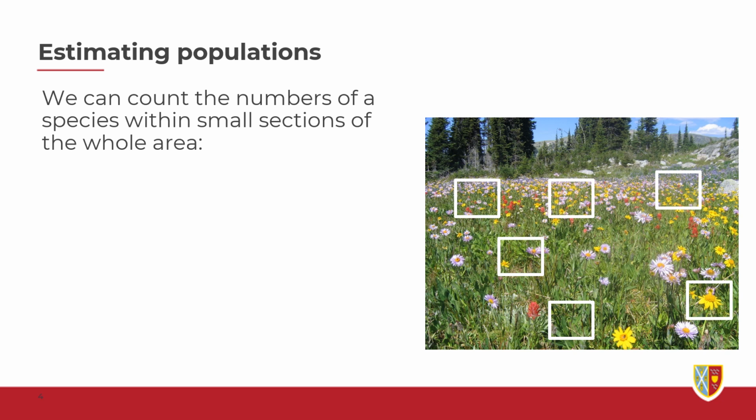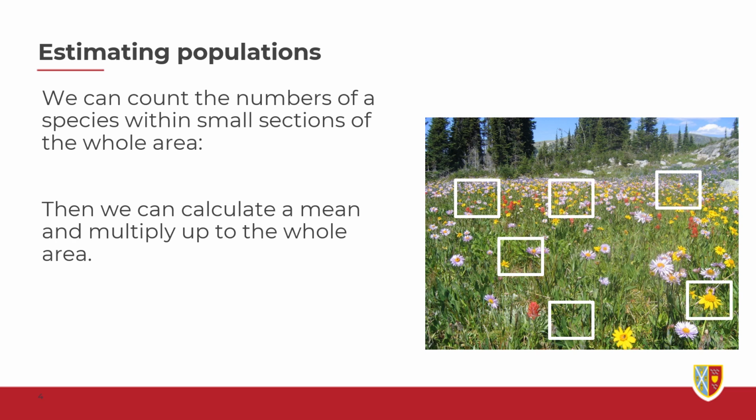So in this case, we could use, let's say, 6 quadrats here, and we're going to put them in those 6 places, and they're the only places that we're going to count daisies or dandelions or whatever it is that we're looking for. We could then calculate and multiply up to the whole area. So let's say this area was 100 meters squared, and each of these is a 1 meter squared quadrat, then we have looked at 6 meters squared.